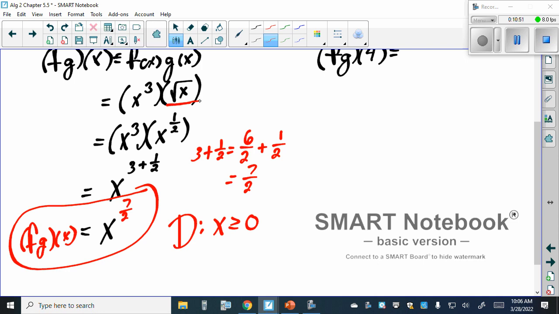If I'm wanting to graph it on the real xy coordinate plane, we can't get anything out, because we can't take the square root of a negative number and get a real number. So the domain is restricted to all the numbers that are greater than or equal to 0.